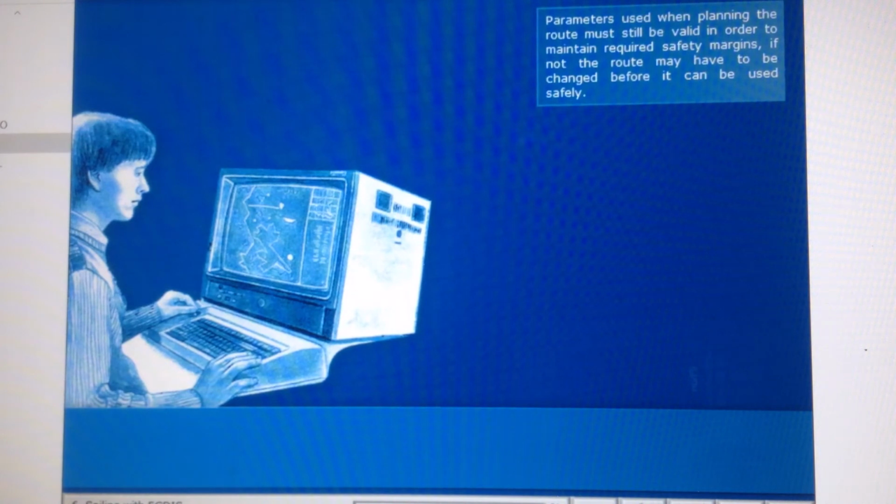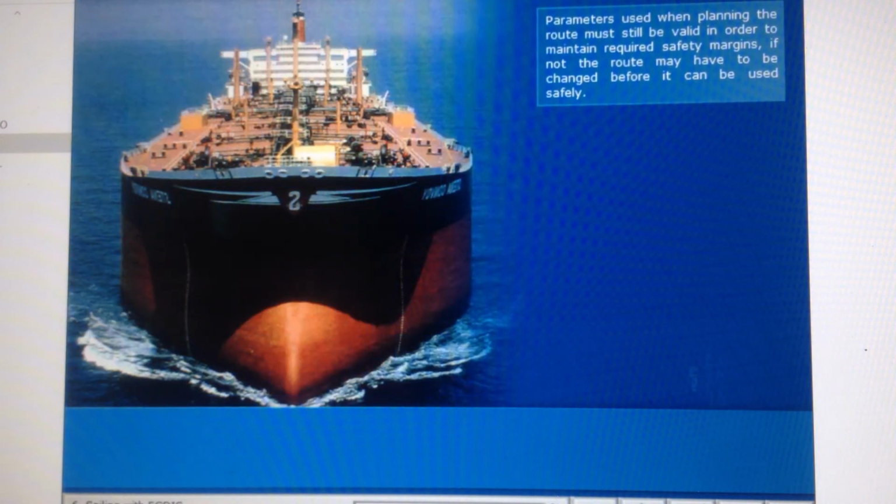If not, the route may have to be changed before it can be used safely. Examples of parameters which may have changed after the selected route was programmed are ship draft, available position accuracy, engine reliability, steering gear reliability, etc.